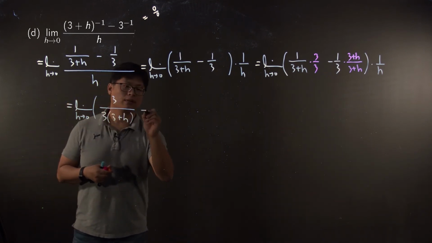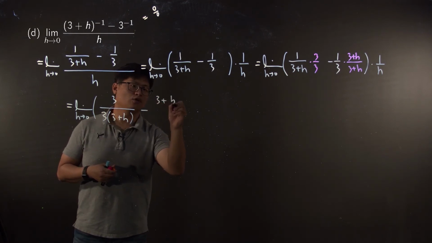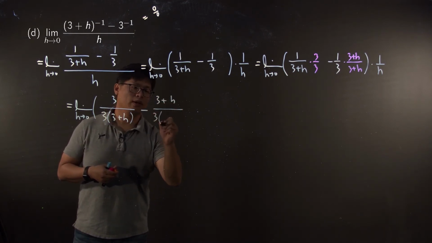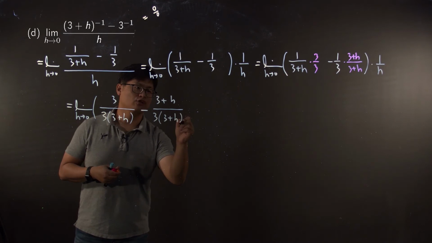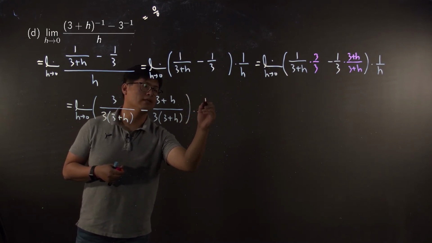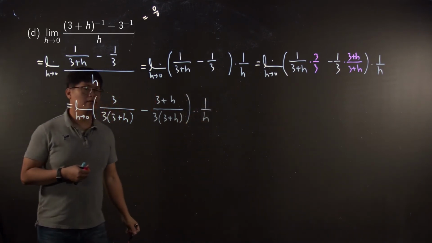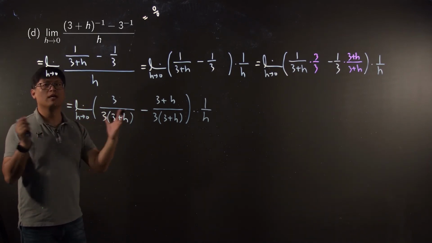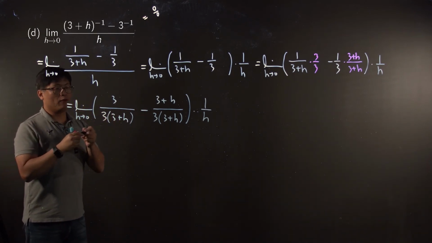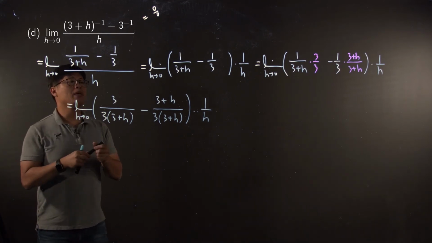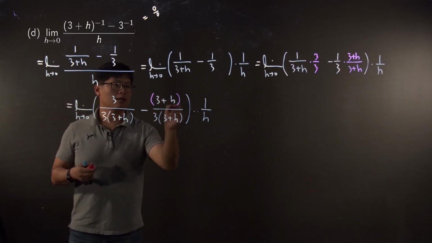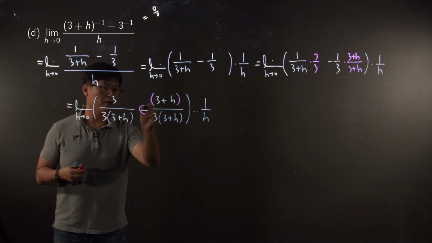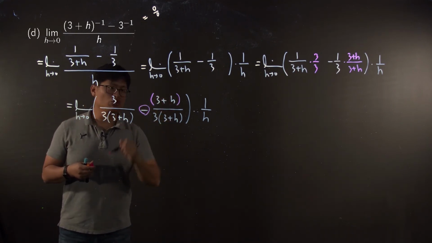And what about the second one? 3 plus h over 3 plus h. And 1 over h is outside. Is that clear? So look at that. They have the same denominator, then we can combine as one single fraction, okay? But for that process, be careful about this guy, okay? It is a fraction and there is a negative here, which means it must be distributed, okay?